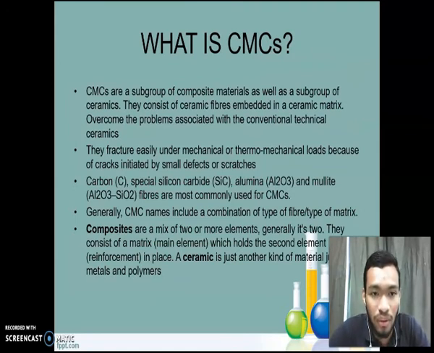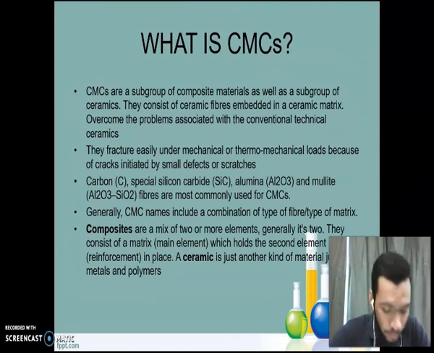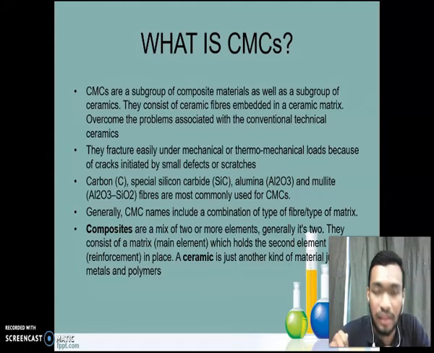So the difference between ceramic and CMC is that CMC is a mixture of two or more elements, generally two elements, but ceramic consists of only one element.